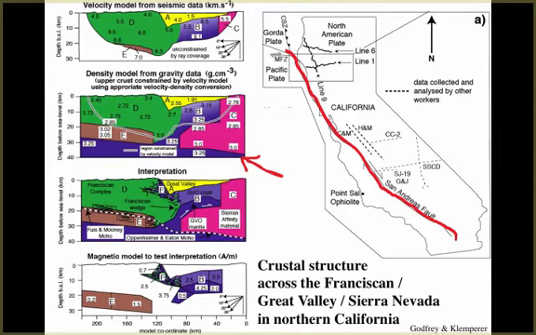There are also low seismic velocities under Great Valley sediments in yellow. The Franciscan complex rocks are in green and represent more intermediate seismic velocities. And then there's material in pink that represents Sierra Nevada material that's related to those plutonic rocks beneath the Sierra Nevada.